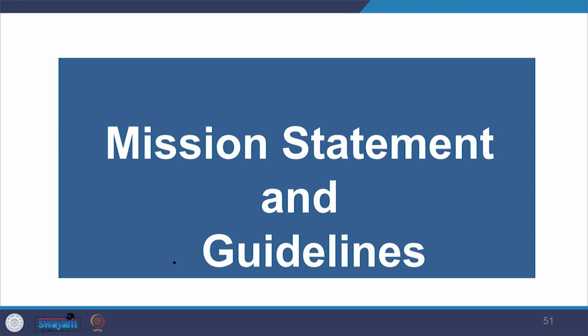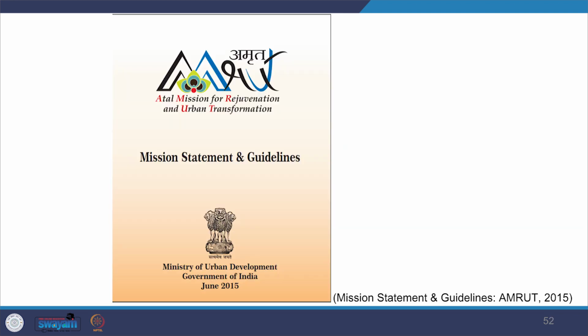Now we look at the guidelines which have been developed by the government for addressing the mission objectives, the statements and the guidelines. Ministry in its mission statement and guidelines document published in 2015 gave clear framework for its execution.